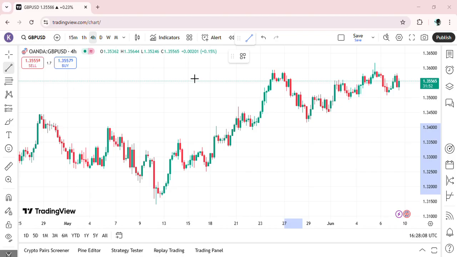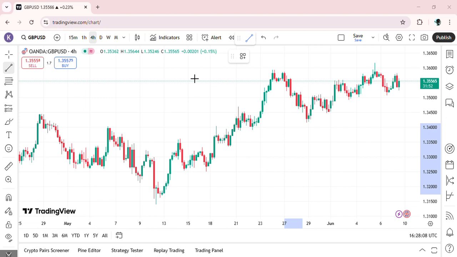And talking about trends, this is the overall market direction. We have 3 types of market trends. Types of market trends, we have 3.